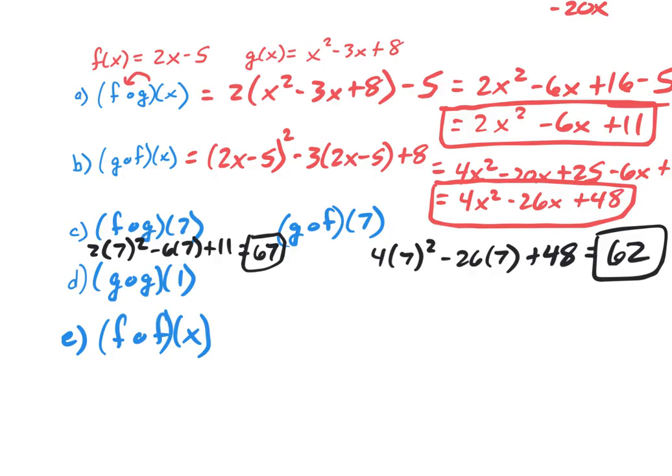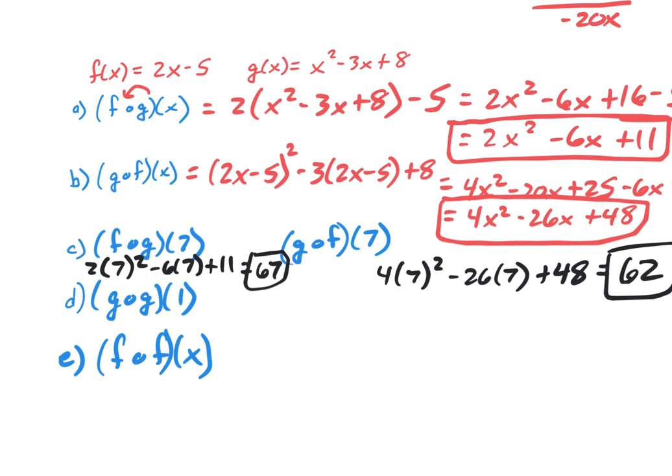So then 6 squared is 36, minus 3 times 6 is 18, so 36 minus 18 would be 18, and then 18 plus 8 would be 26. And so my answer here would be 26.